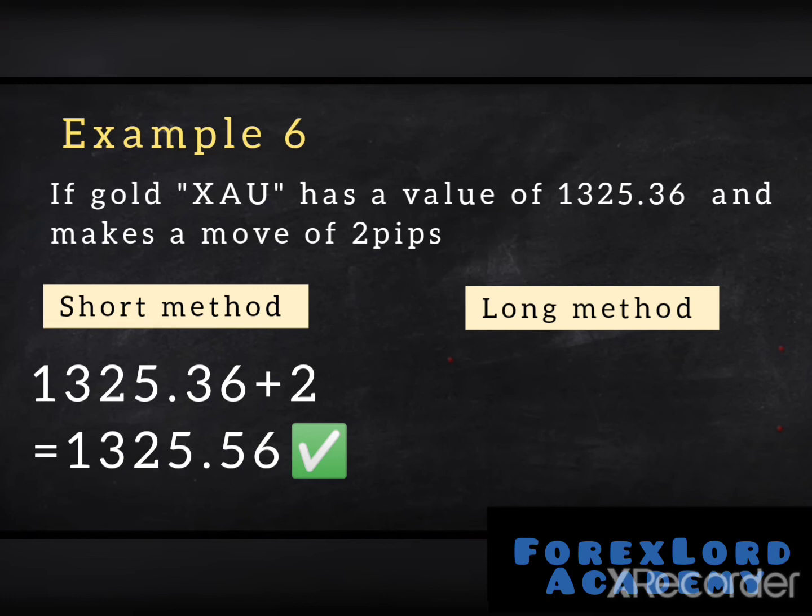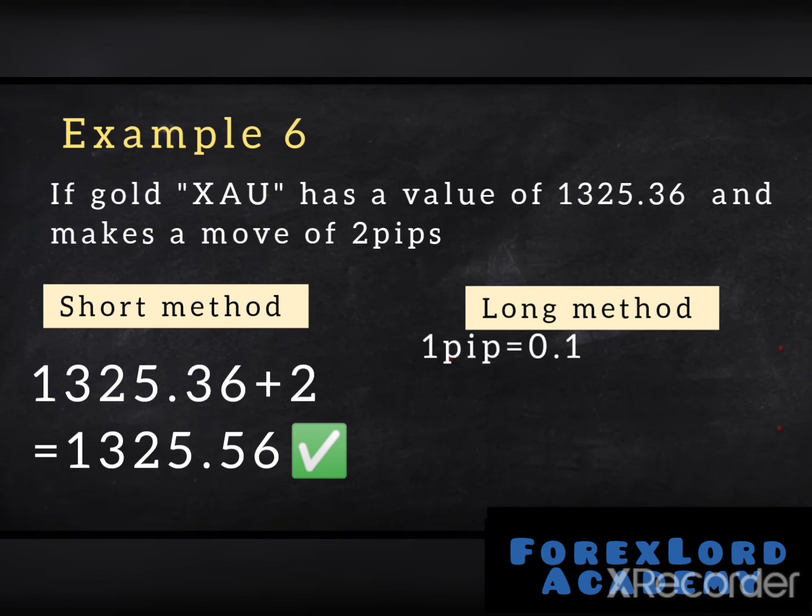So let's go to the higher calculation or long method. Now, remember, I told you from the beginning to write the formula down. Most of you who didn't write it, I think you're doing that right now. Now, for gold, 1 pip move is equal to 0.1.